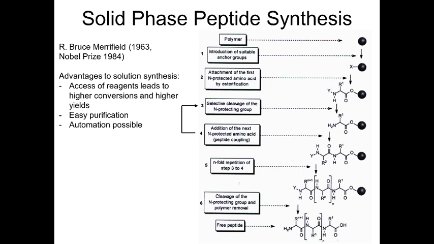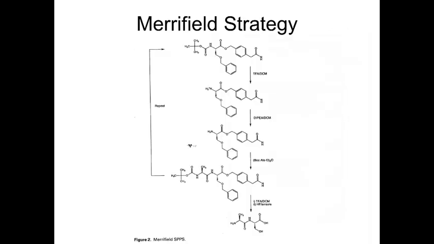Afterwards, you again cleave your N-alpha protecting group, and finally you need a cleavage step that cleaves all your side chain protecting groups, the persistent protecting groups, and at the same time cleaves your peptide from the resin, so that you obtain the free, pristine peptide.